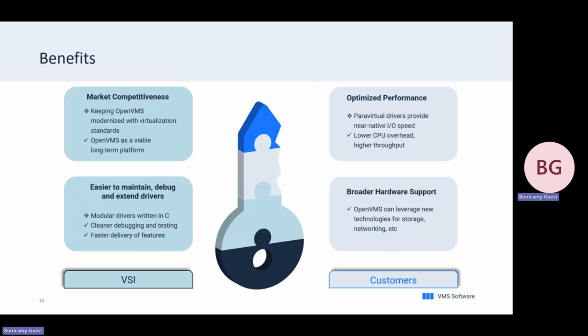And of course, performance always matters. As Claire also mentioned in his presentation, paravirtual drivers, for example VirtIO SCSI, can provide near native I/O speeds. This means customers can run their applications with fewer resources, so lower CPU overhead and higher throughput.